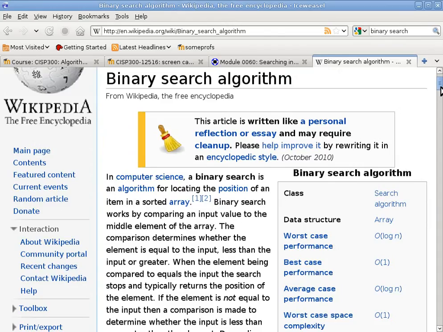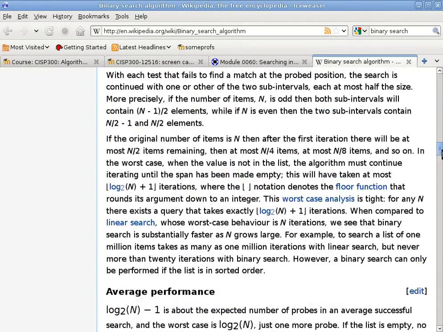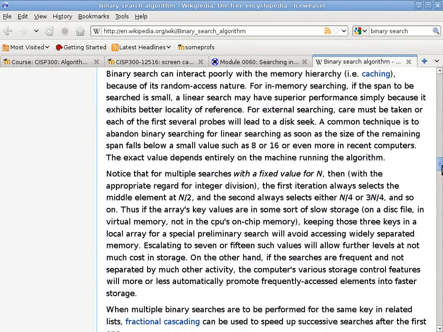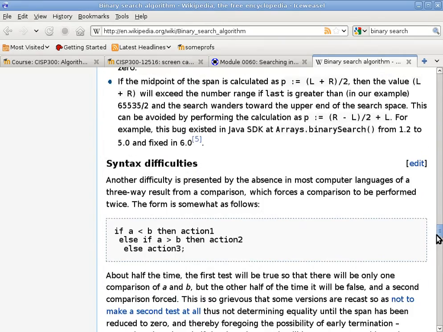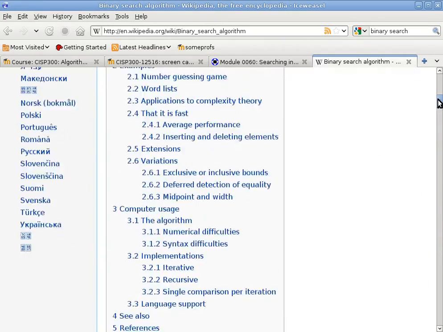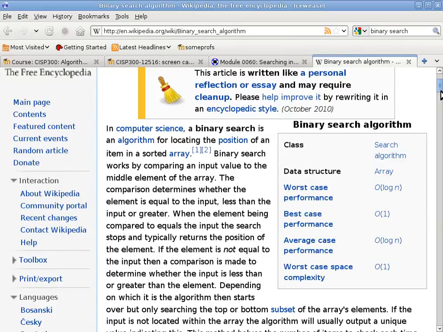When you look up the Wikipedia entry on the binary search algorithm, it is long. Look at this. It's a very long piece because not only does it talk about what the algorithm looks like, it also gives you a proof that the algorithm is correct and a whole bunch of other stuff.